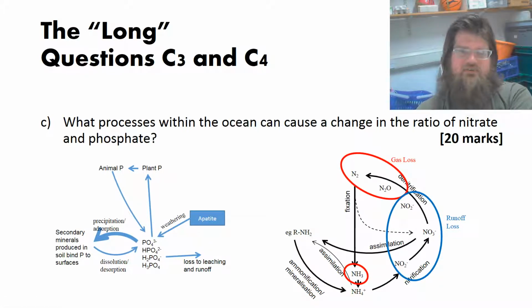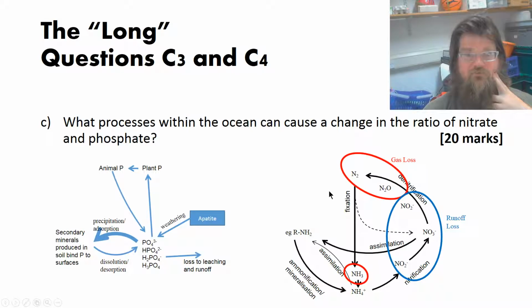The key differences are that in the nitrogen cycle we have extra things that can happen that can't happen in the phosphorus cycle. So we have fixation, where we can take nitrogen out of the atmosphere and produce useful nutrient, either nitrate or ammonia. They can be made in situ, whereas the phosphorus cycle has no equivalent.